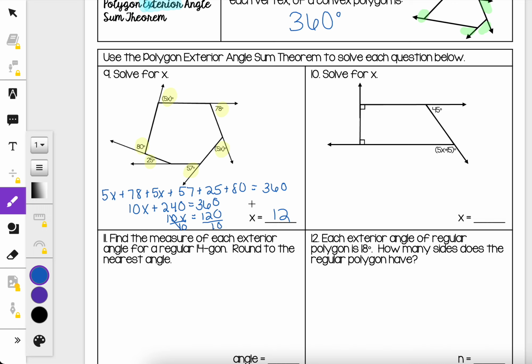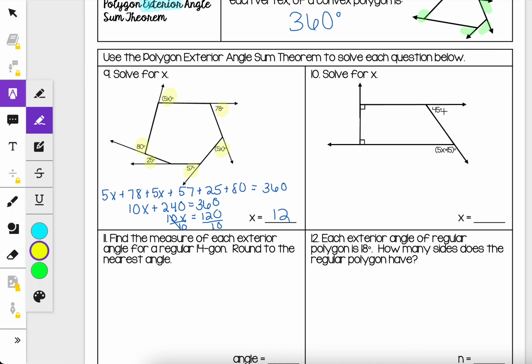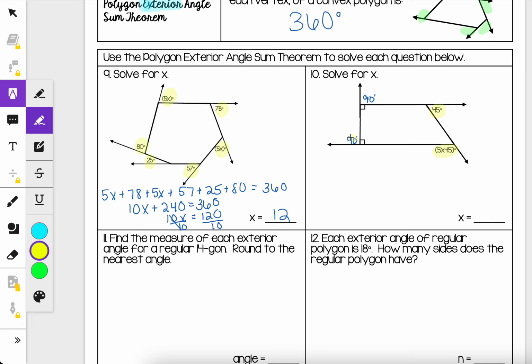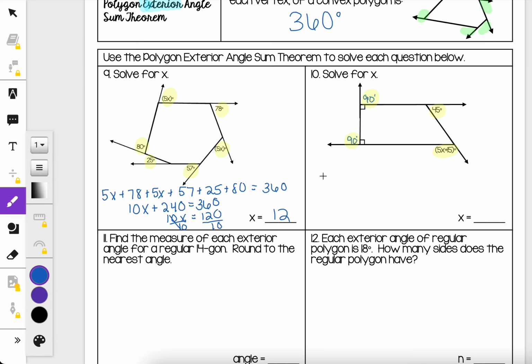Number 10 looks the same. We've got exterior angles, but here it really only states 2 of those exterior angles. If we have a right angle here, we know this exterior angle is going to be 90 degrees, and same with this one over here. So we can now set these 4 angles equal to 360 degrees.